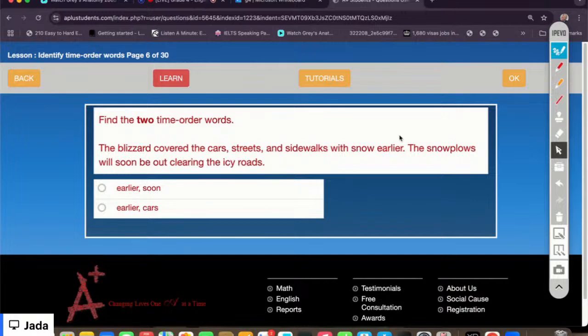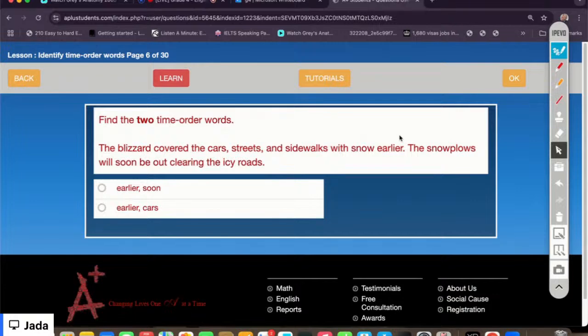So, two time order words here. The blizzard covered the cars, streets, and sidewalks with snow earlier. The snowplows will soon be out, cleaning the icy roads.